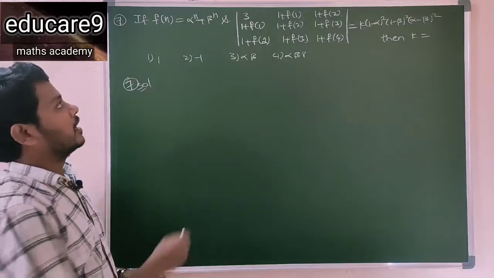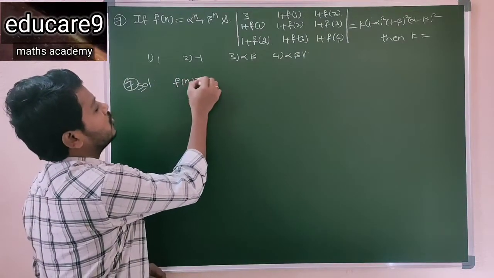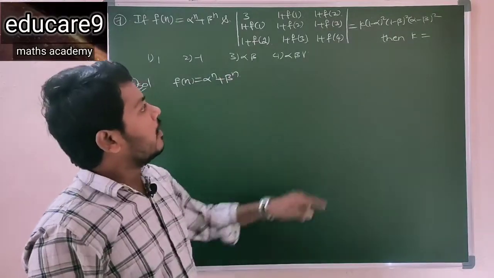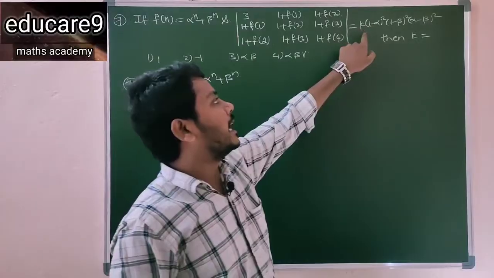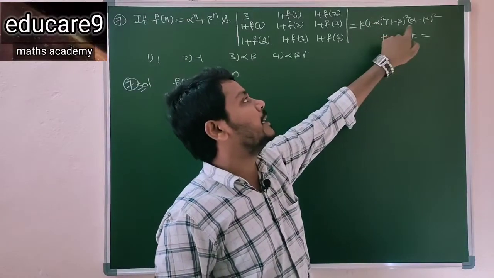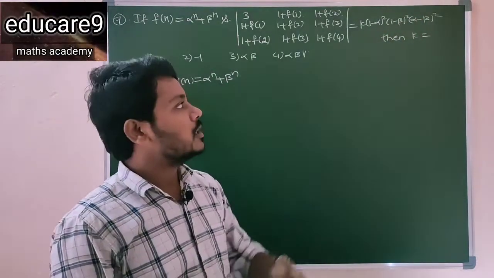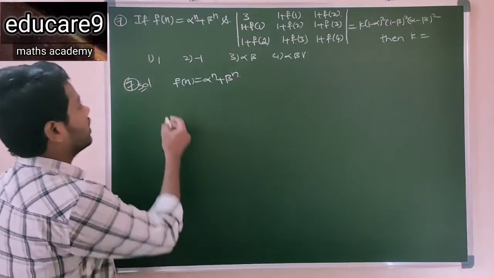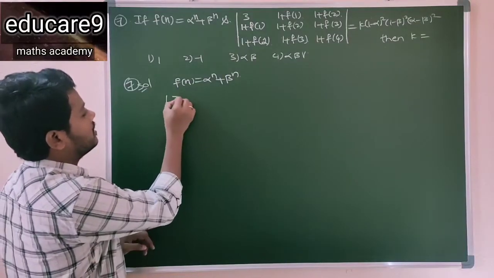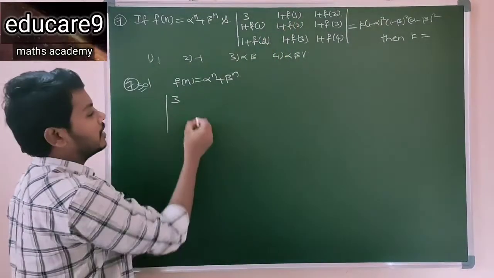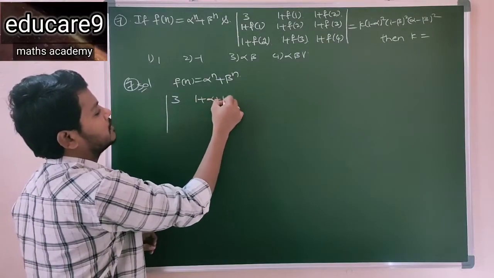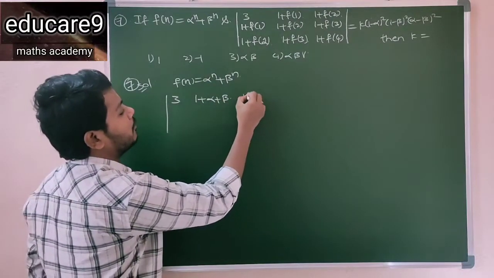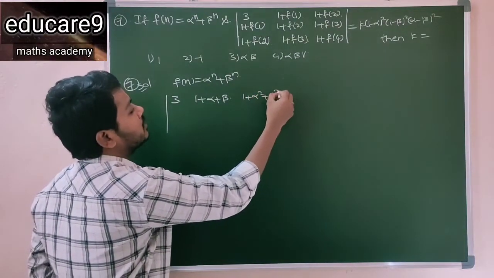F of n is given. That is, f of n is equal to alpha power n plus beta power n. And this determinant value is k into 1 minus alpha square, 1 minus beta square, alpha minus beta whole square. So then you want to find the value of k. So see here the given determinant: 3, 1 plus f of 1, that is 1 plus alpha plus beta, and 1 plus f of 2, that is 1 plus alpha square plus beta square.